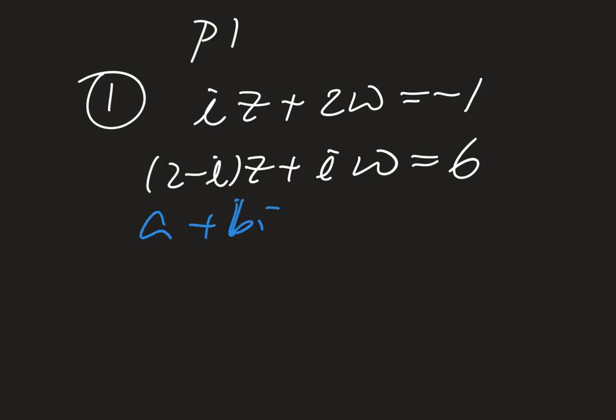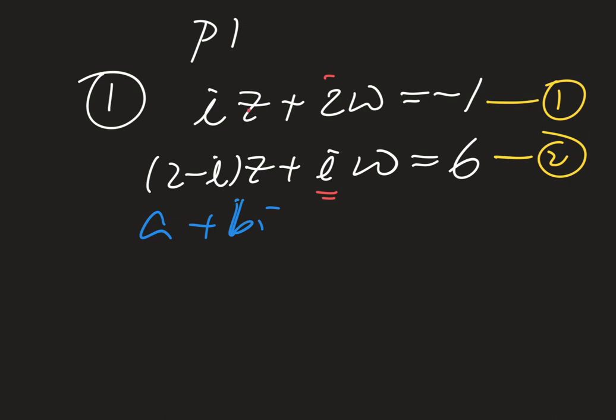Okay, so when we look at this question, we have to strategize. Don't just stare at these things and then not know how to do it. Very simple. Now you got i here, you got 2 minus i z plus i w equals to this. So what strikes you in mind? Here got i, here got 2.